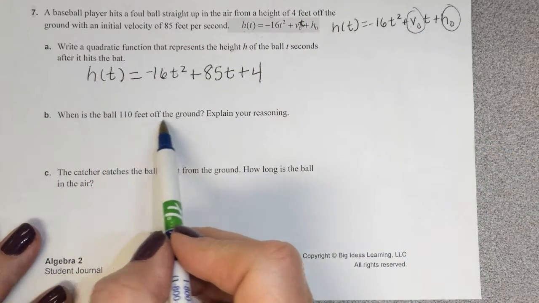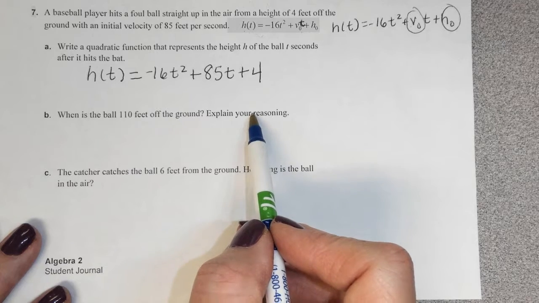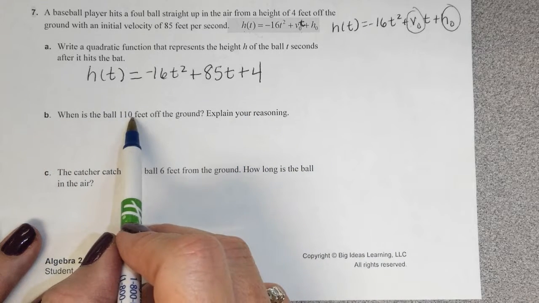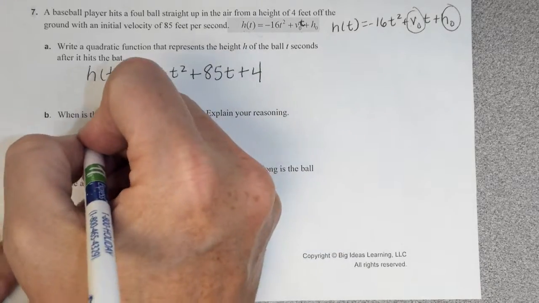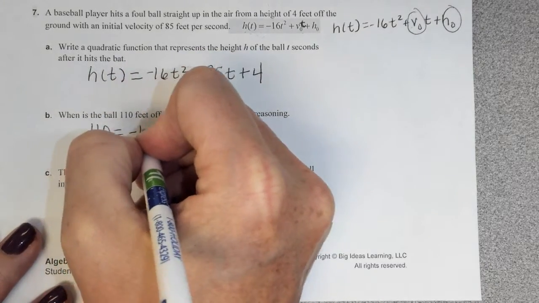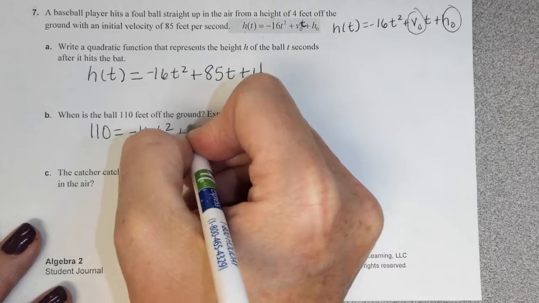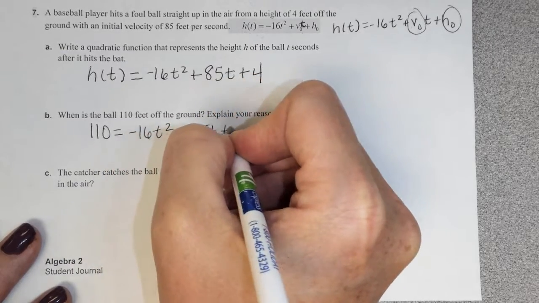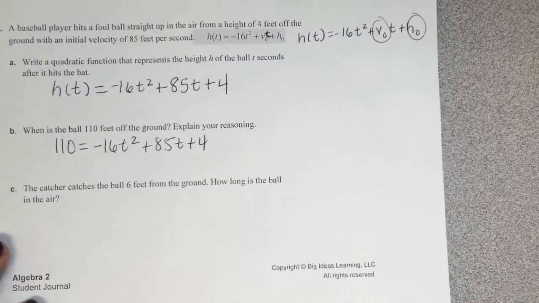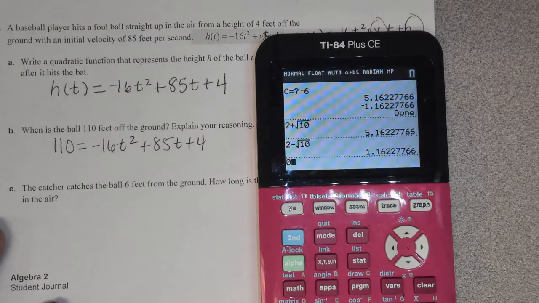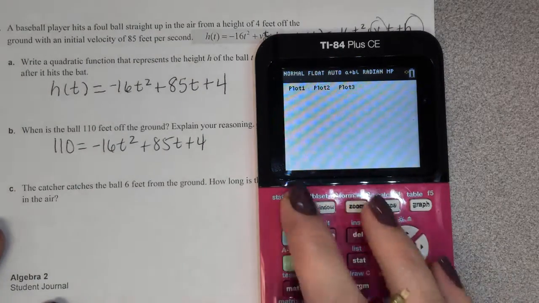When is the ball 110 feet off the ground? Well, where am I going to plug in my 110? H of t. So I'd have this. This might be a time to use the calculator.